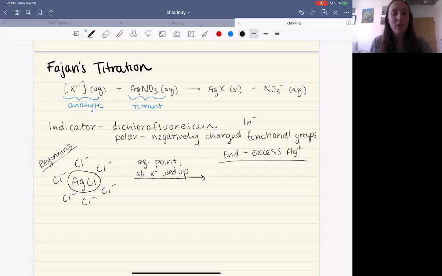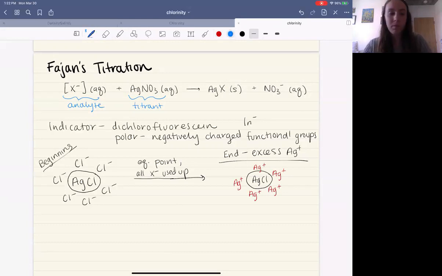Once you get past your equivalence point, you're going to start adding more titrant, and it has nothing to react with. So eventually, you'll have a system where you'll have your silver chloride, but now it's just getting surrounded by more silver ions that you add that have nowhere to go. Okay.